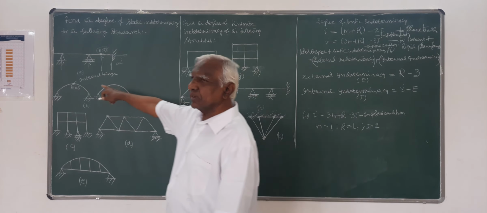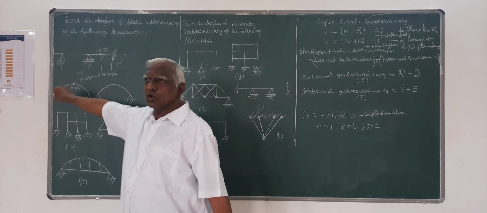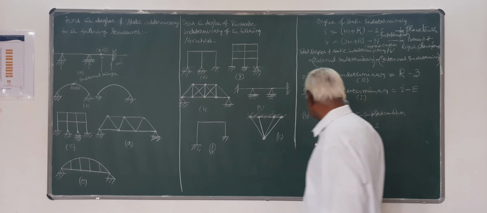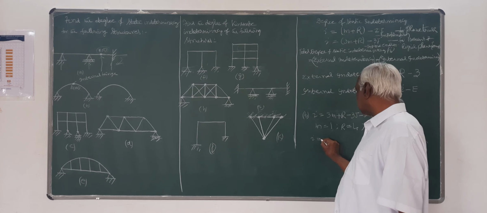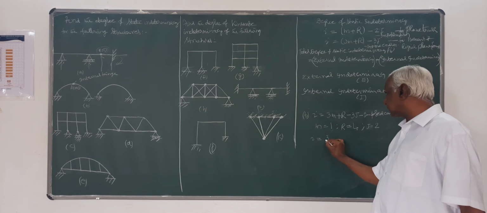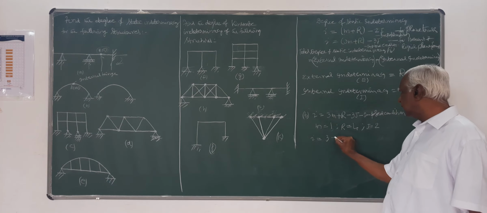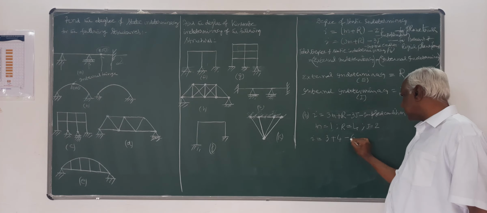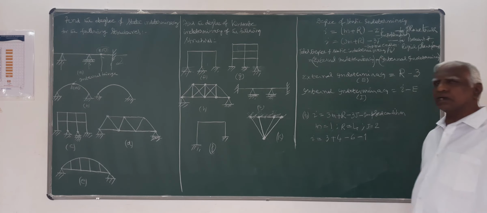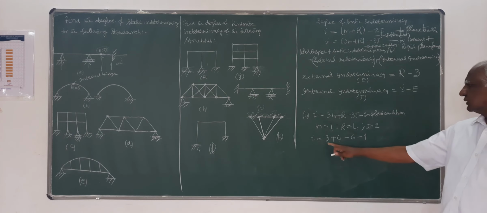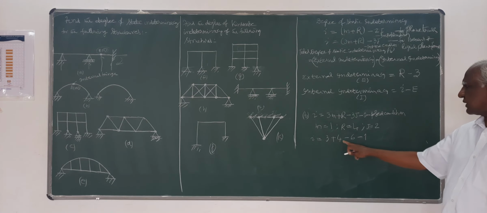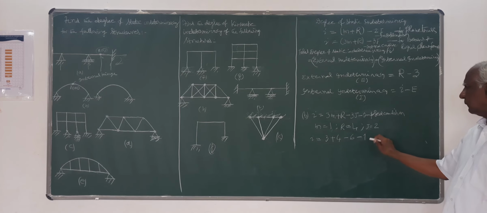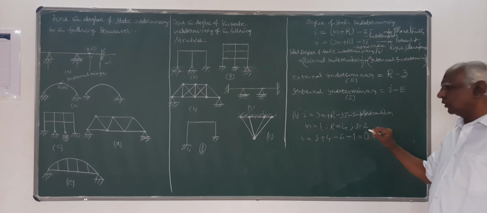Because of the internal hinge there will be no moment, and that's the imposed condition. Therefore, I is equal to 3m, that is 3 into 1, 3, plus r is 4, minus 3j, 6, minus imposed condition 1. Therefore it is 3 plus 4, 7, minus 6, 1, 1 minus 1, 0.